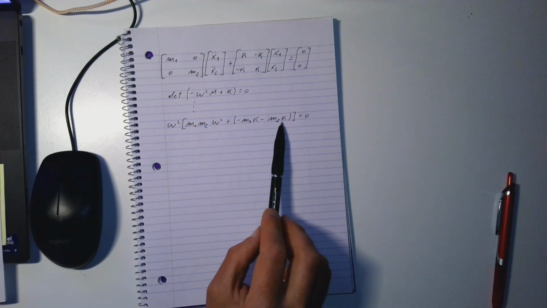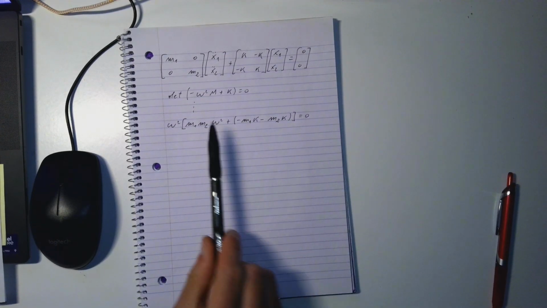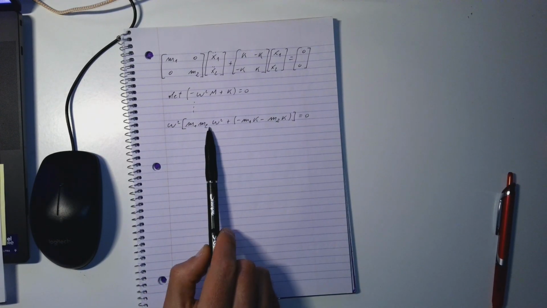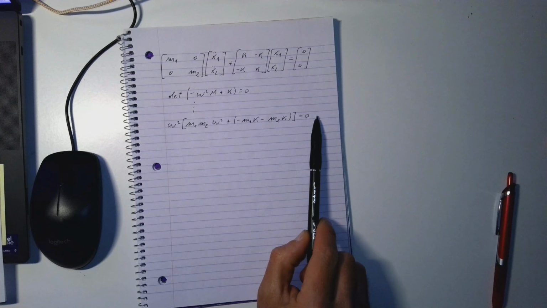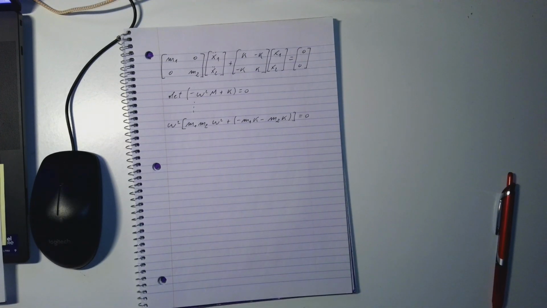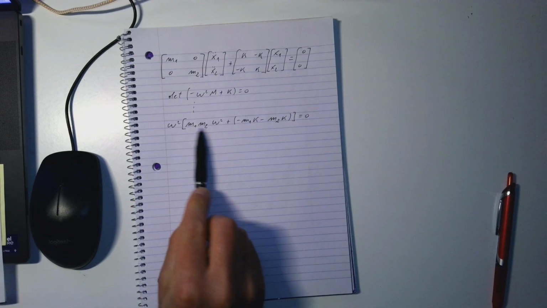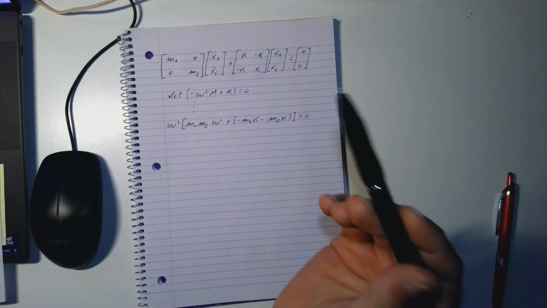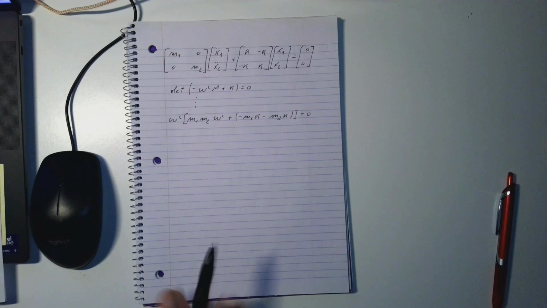Exactly like we had before, even in this case, we found an algebraic equation in omega that is of the fourth order. Because if we multiply this term by this term, we have omega to the power of 4, right? Which means that we have 4 solutions.